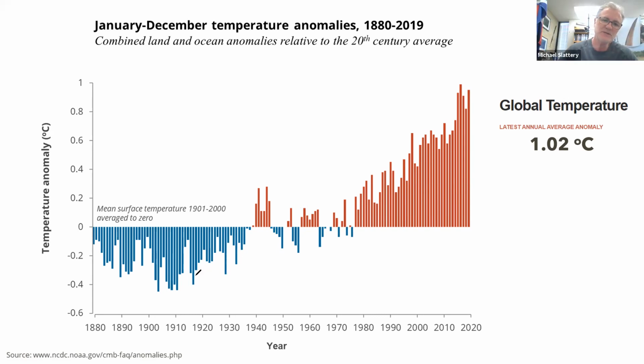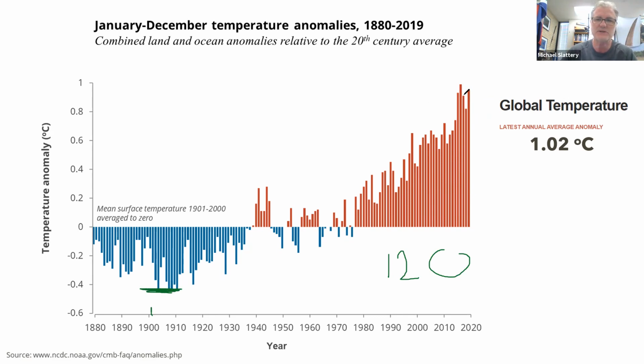Okay, so there's a period of warming here from 1900 up to about World War II, a period where there's not much going on, and then a significant acceleration in the warming following that. Here is the take home of all of this, everybody. When we look at the last 120 years, let's just take it from the turn of the century, 1900, global temperatures were about minus 0.4 degrees cooler than the average.